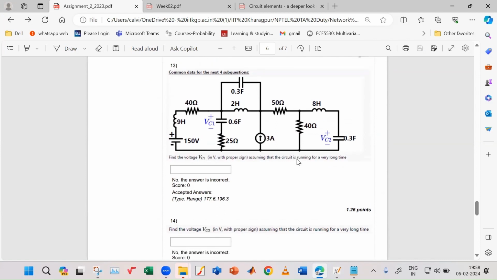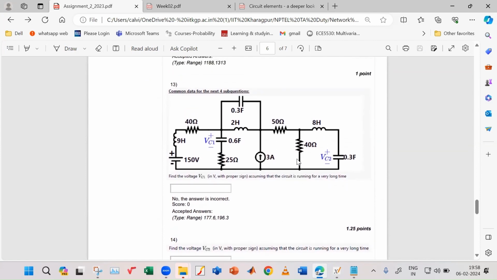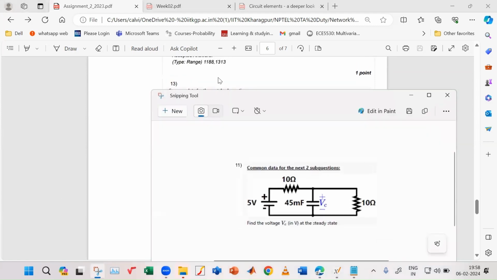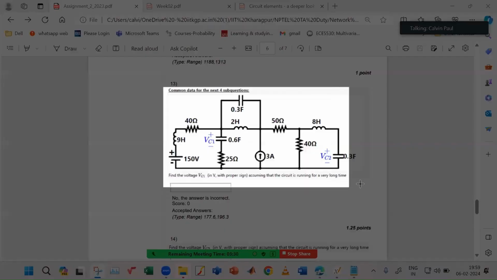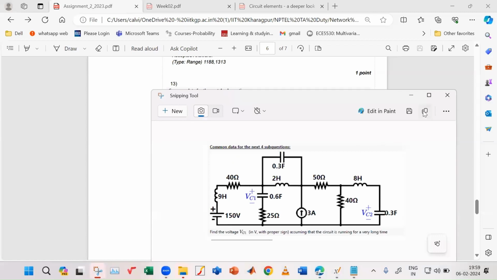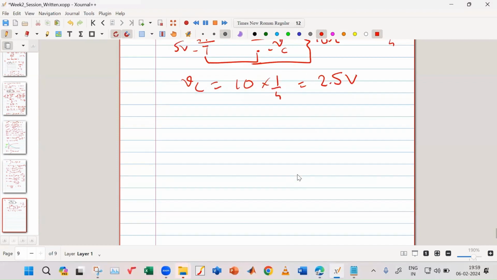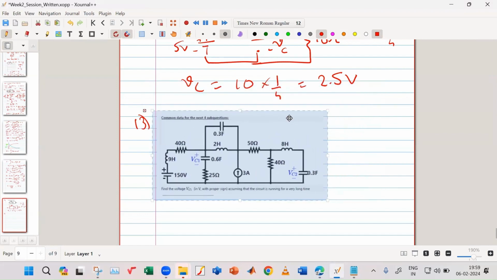So this sum, can you guys solve? Let us consider this.